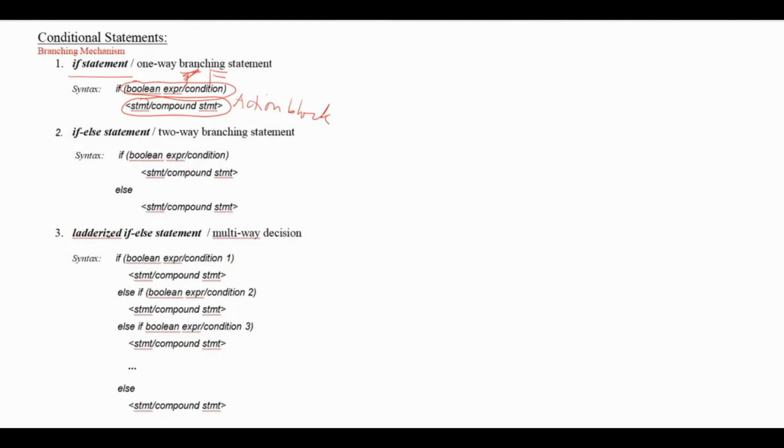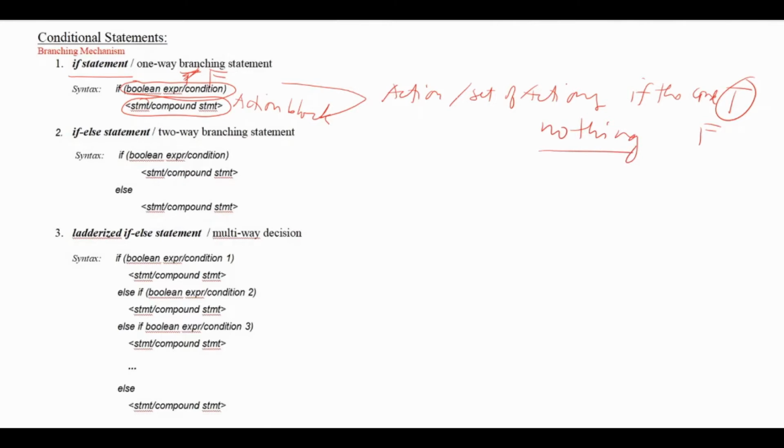So this code will only do an action or set of actions or instructions if the condition is true. If it is false, then it doesn't do anything. Nothing is done when it is false. That's why it is called a one-way branching statement. It does an action when the condition is true. It does nothing when the condition is false.